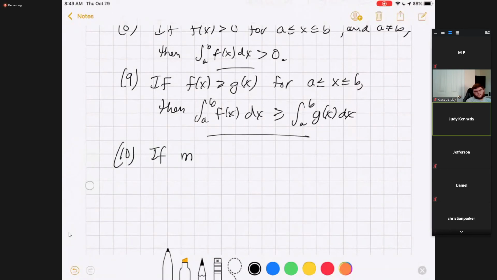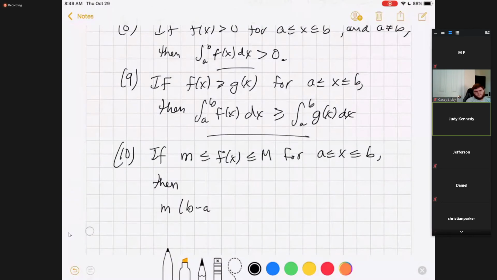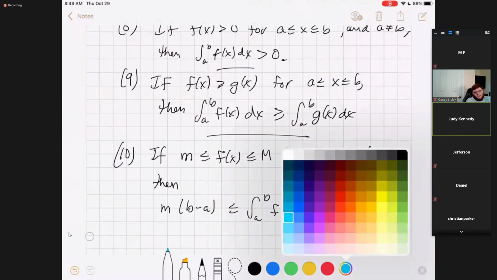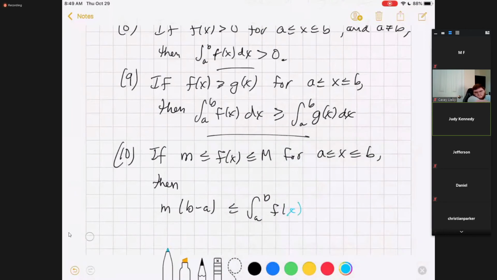If m, so little m number, is less than or equal to f of x is less than or equal to big M for every x in the interval from a to b, then little m times b minus a is less than or equal to the integral from a to b of f of x dx is less than or equal to big M times b minus a.